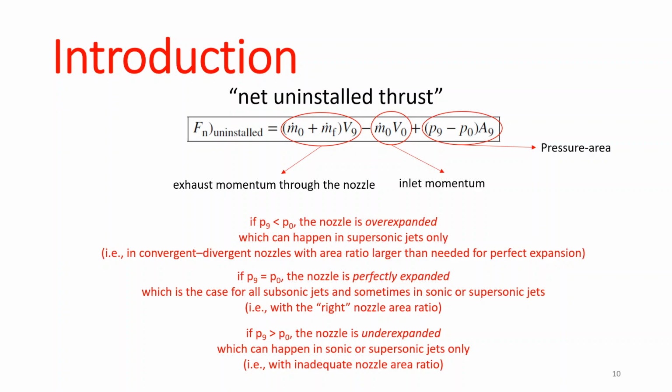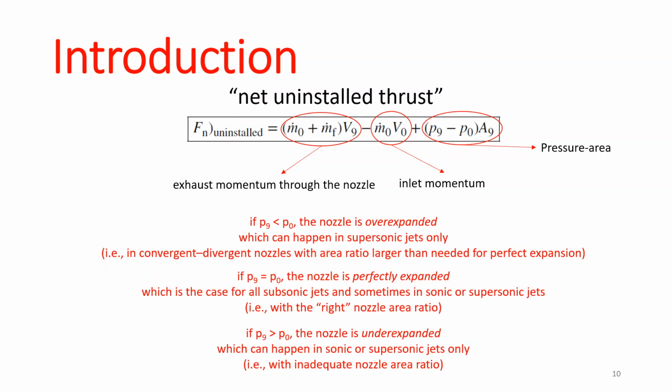Well, what is going to happen to your thrust? This is a design parameter, right? You can design your nozzle or your diffuser in a way that gives you a lower pressure or higher pressure, right? That is the idea of a nozzle and a diffuser. So what will happen if your P9 is smaller than P0?